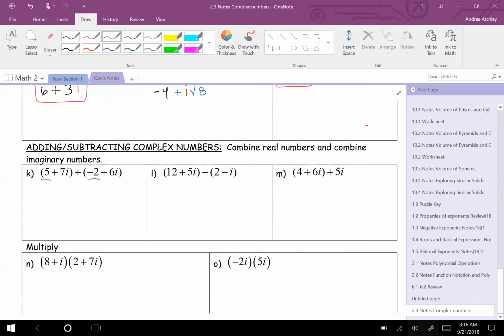So 5 and -2, they're opposite signs, so I subtract and get 3. 7i and 6i, they're also like terms. So 7 and 6 are both positive, so they're the same sign. I add them and I keep their sign. Any questions over that?